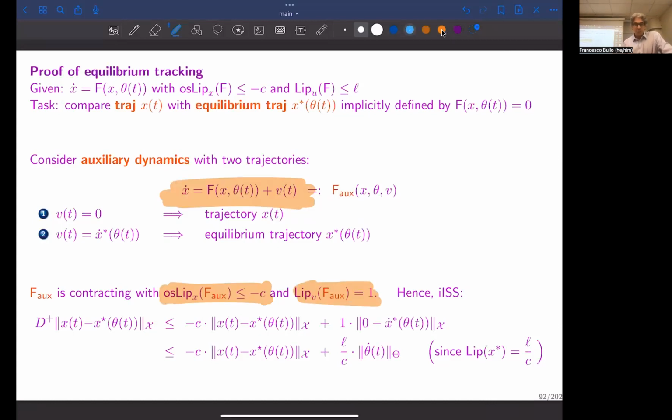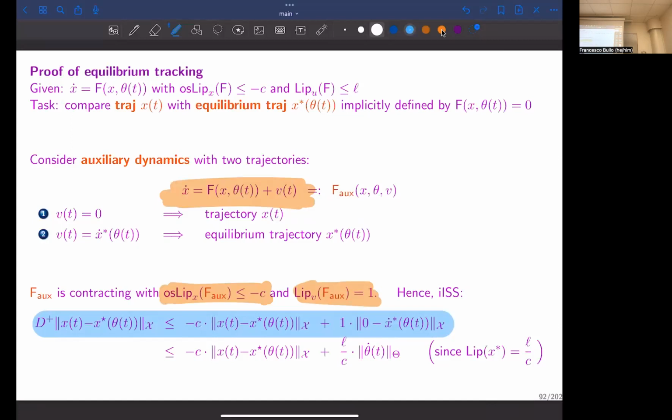Therefore, I can just apply the incremental ISS property. And what will it say? It will say this, the first row. I hope you can all see it. It will say that the distance between the two trajectories that I care about, which is really the tracking error, satisfies: E dot is upper bounded by minus c E. Perfect. Now I've explained the first part of the theorem that I really cared about. Why is it true that my error decreases exponentially fast?